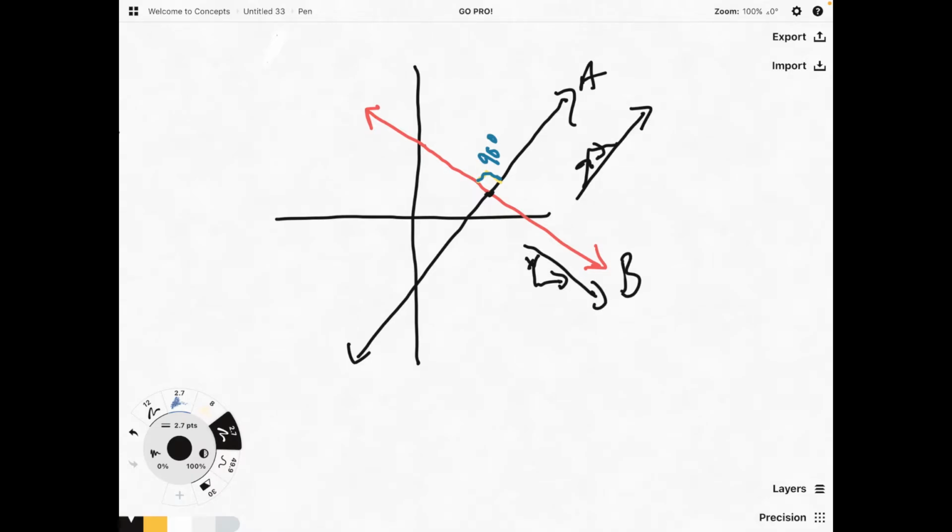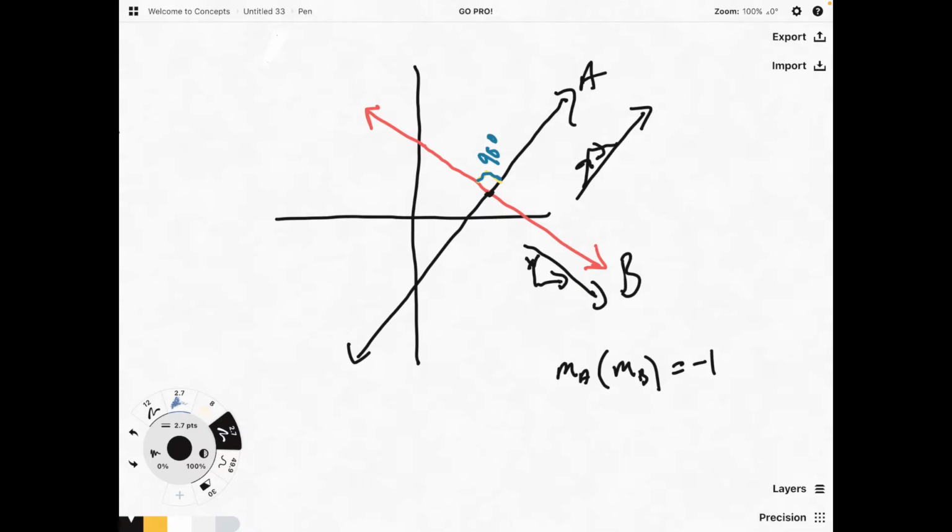Looking at the relationship between the two slopes, what is mathematically proven is that if you take the slope of A and multiply it by the slope of B, we're going to get a value of negative 1. This theorem shows a relationship between the two lines and their slopes.